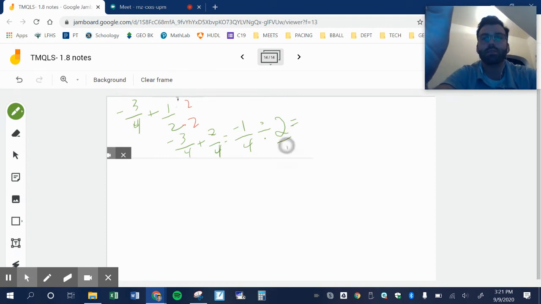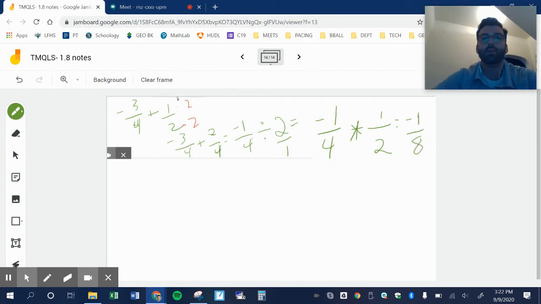Any number, if I have 5, I can just think of that as 5 over 1. 6 can be 6 over 1. It's really negative 1/4. If I divide by a fraction, I multiply by the reciprocal: leave, change, flip. Negative 1/8 is the x value of my midpoint.